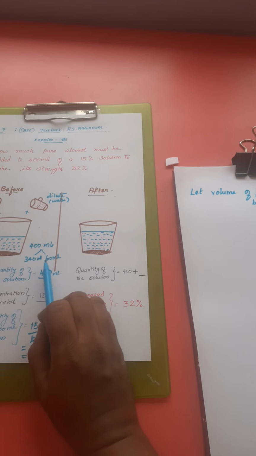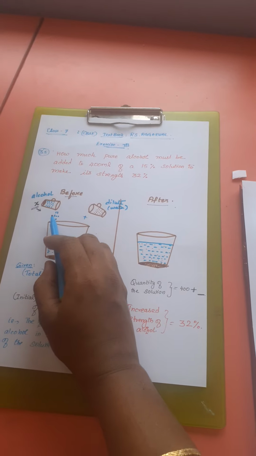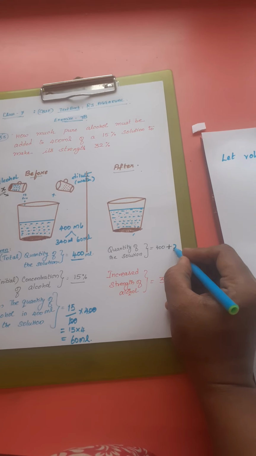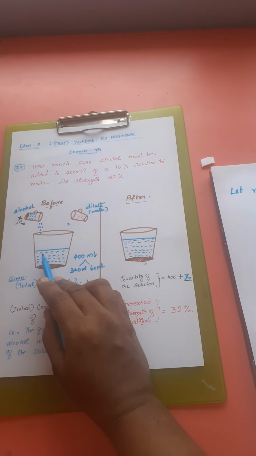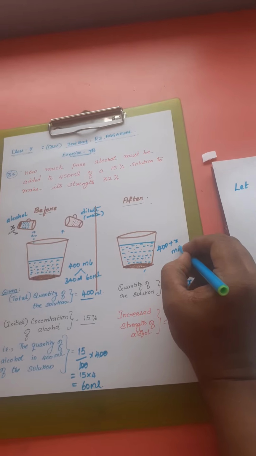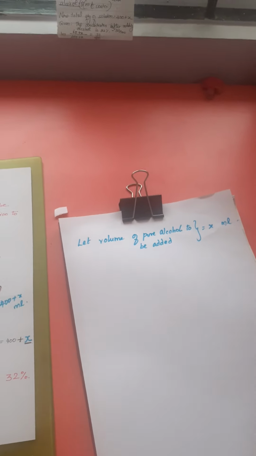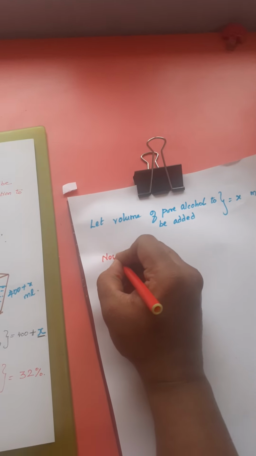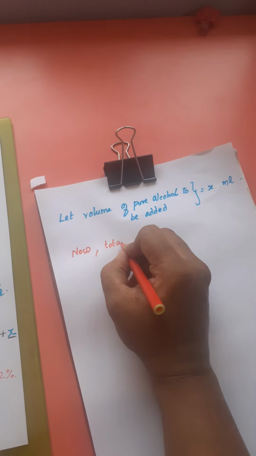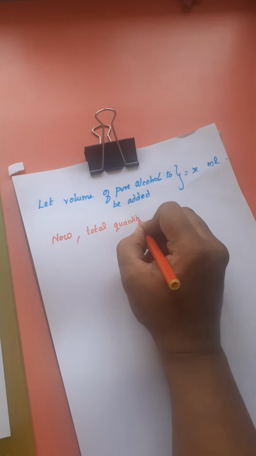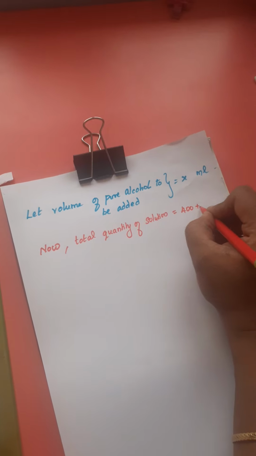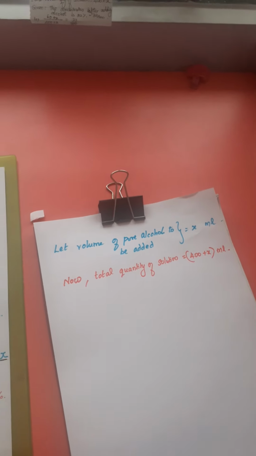We have poured x ml, and 400 ml is there, so after pouring, the total quantity will be 400 plus x ml. The total quantity of solution is equal to 400 plus x ml. Is it clear?